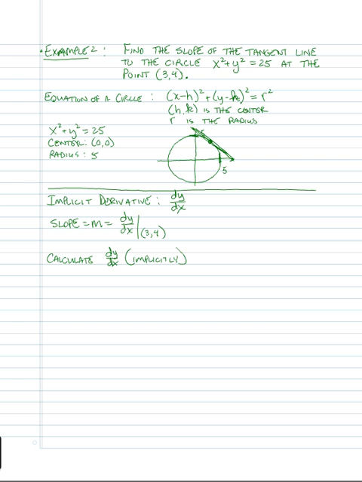Okay, so we take our equation, x squared plus y squared equal 25, and we find the derivative of both sides. This is beginning to be routine now, isn't it?